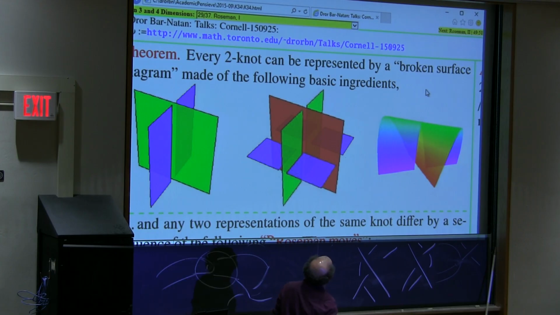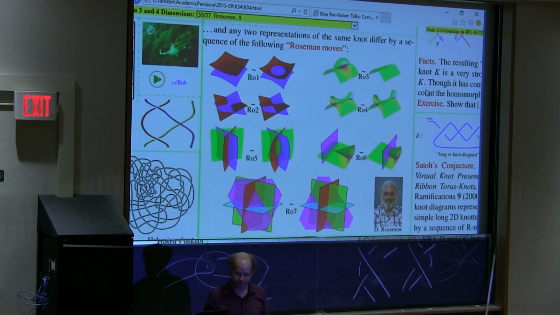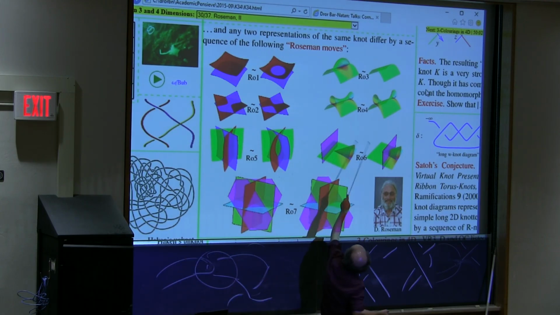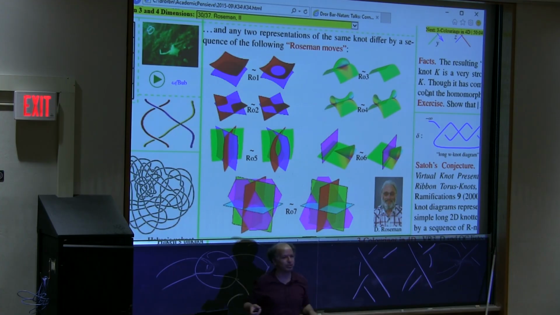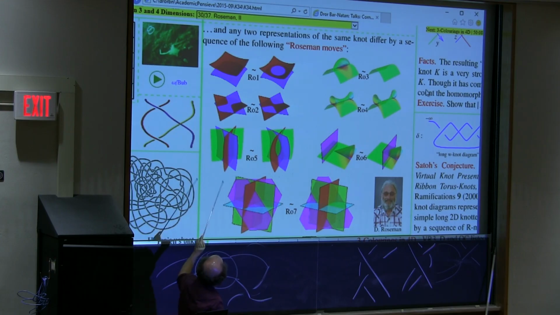You'll have to believe me that these are the only things that can happen. And then instead of 3 Reidemeister moves, there are 7 Roseman moves. And I guess these 3 involve these branch points, so let's not think about them too much, they're too hard. And the other ones are sort of understood, so are understandable.